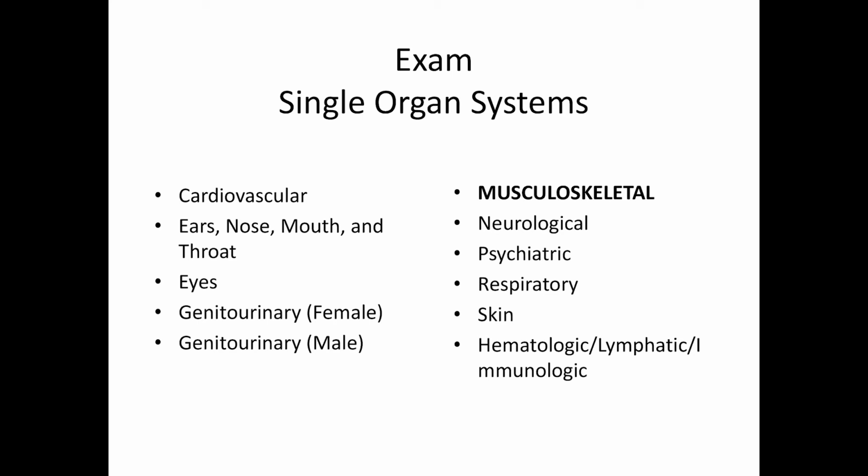There's otoscope, ophthalmoscope, heart sounds, lung sounds, and all kinds of stuff in all of these other ones, except maybe musculoskeletal. And what you see on your sheet is, yes, all the individual bullets that you can count up, but what is in that whole big thick box constitutes the entire musculoskeletal organ system. So to have examined the entire organ system, you would need every single bullet listed there.